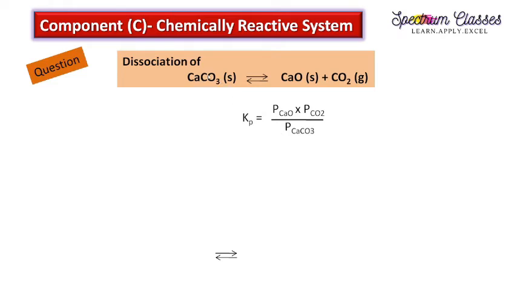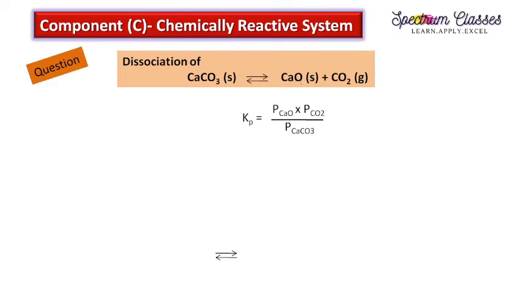First I will solve this example in 3 different ways. First, with the equilibrium pressure constant. If we write the equilibrium pressure constant for this equation, it will be equal to the partial pressure of the products divided by the partial pressure of the reactant. So here we have the partial pressure of calcium oxide times the partial pressure of carbon dioxide, divided by the partial pressure of calcium carbonate.